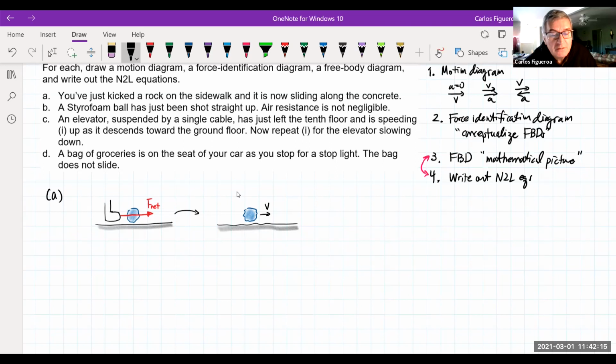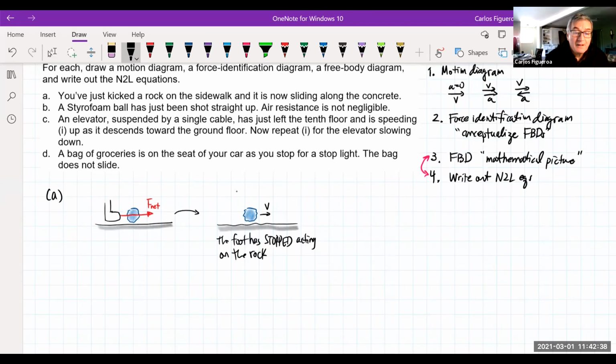Note that in this picture there's no foot anymore. The foot has stopped acting on the rock.